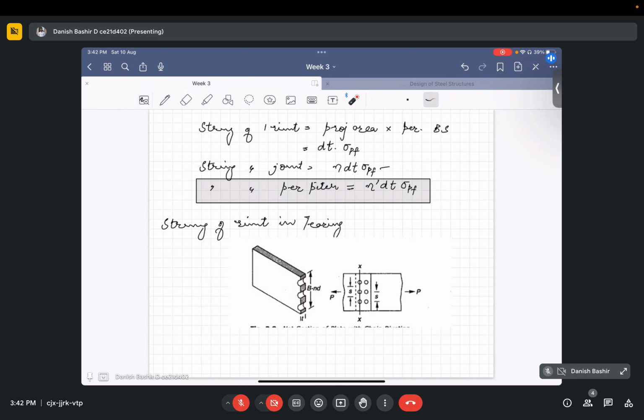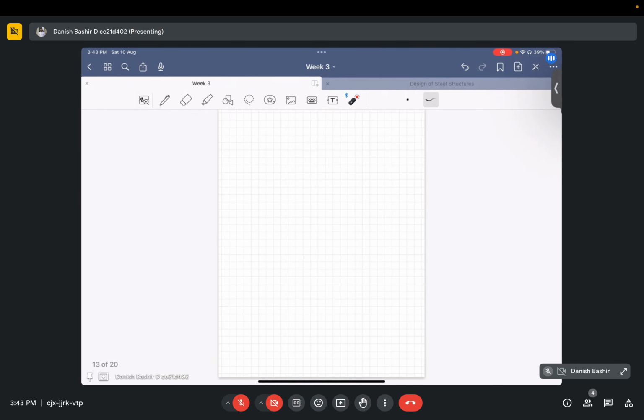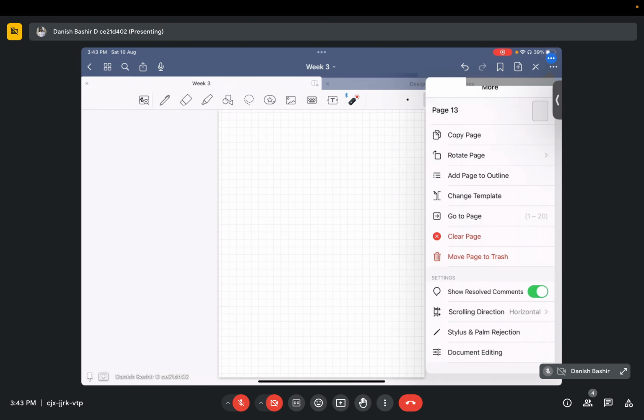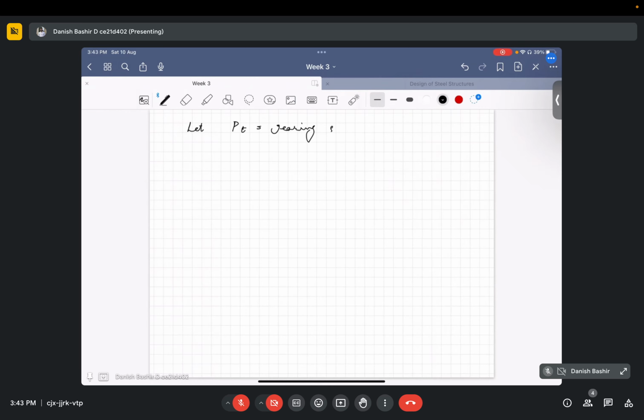So we have to again denote the different things that we denoted earlier in bearing and shear. So here again, let PT be the tearing strength.